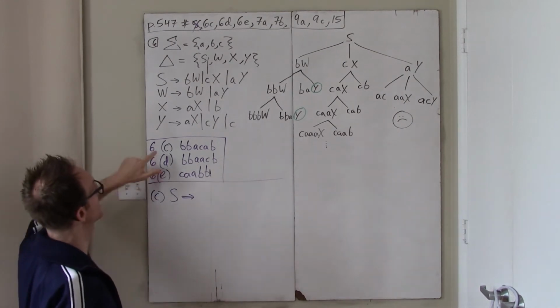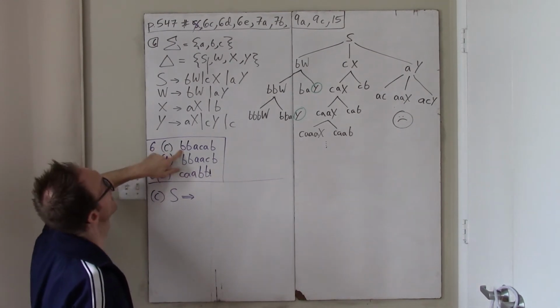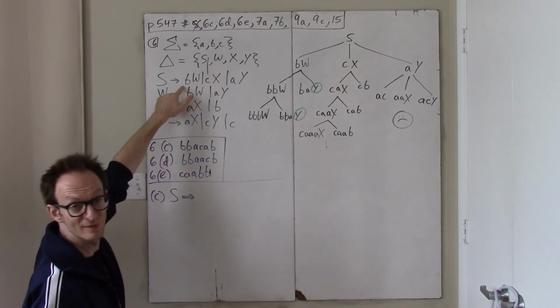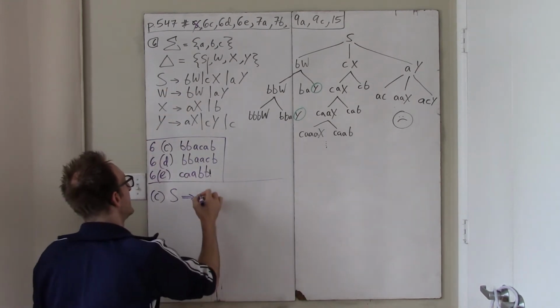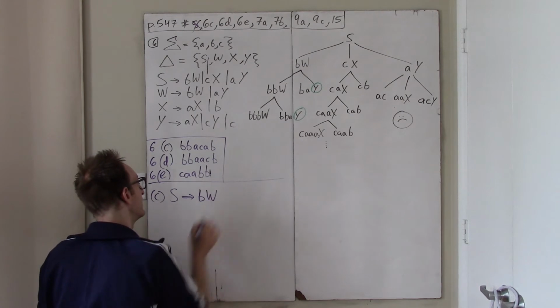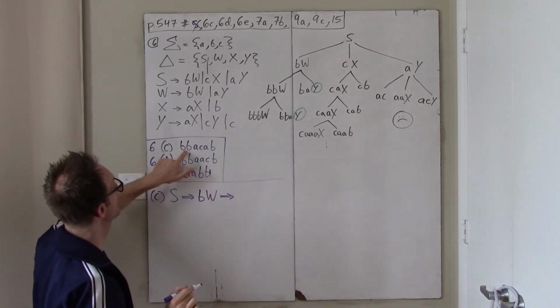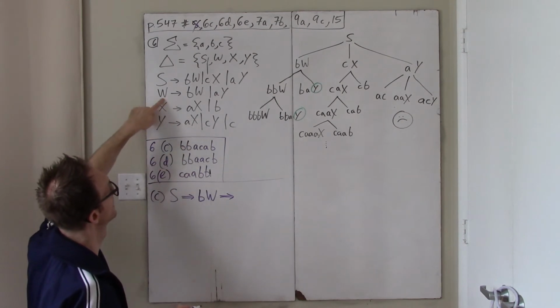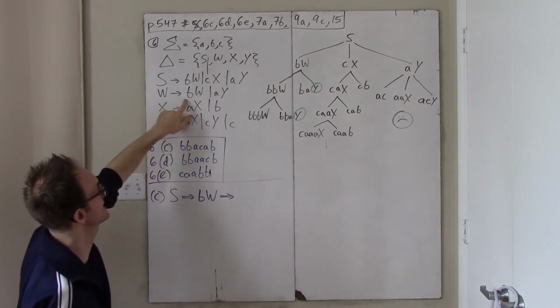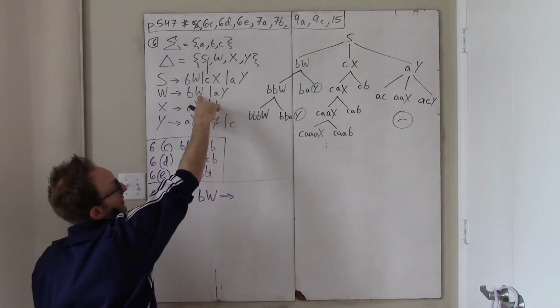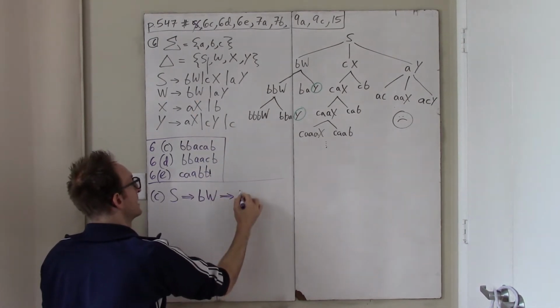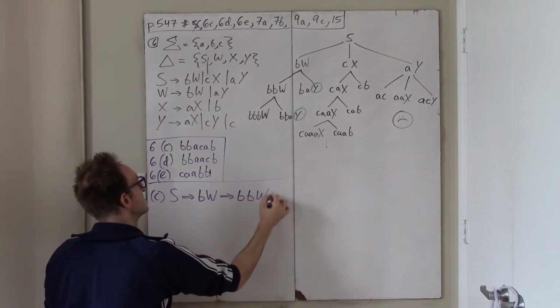So okay, in part 6C, I need my first character to be a B, which means I just have to follow the BW rule. And okay, now the next character also needs to be a B. So I'm on W now. Well, I just have to do a B again. Or I have to follow rule BW. So I replace W with BW.